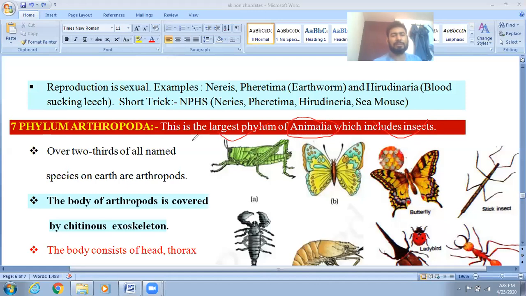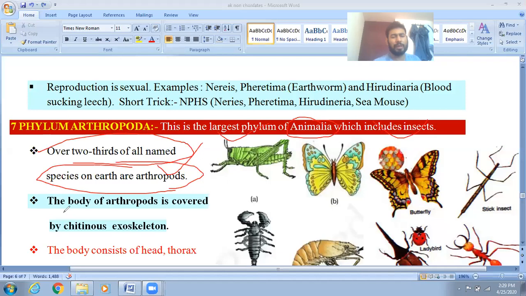Over 2/3 of all named species on earth are arthropods.